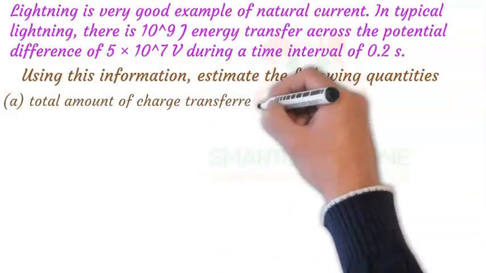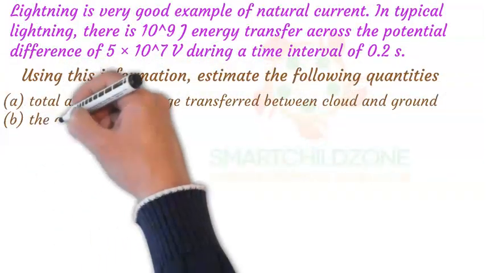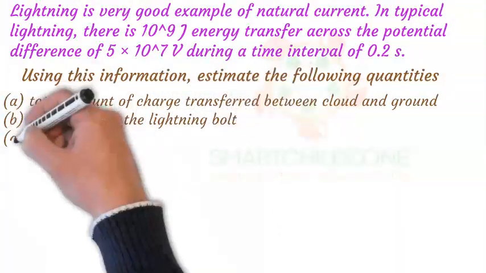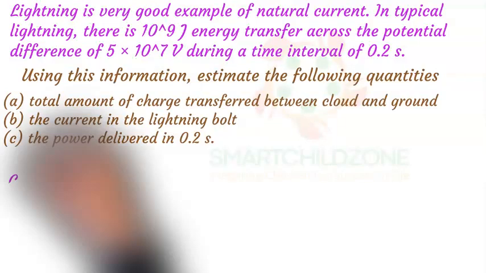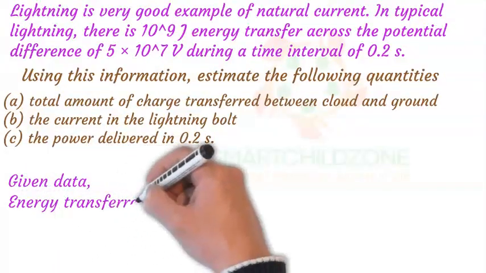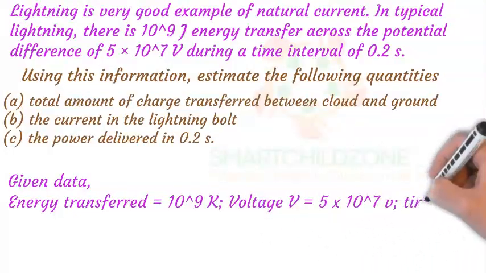A. Total amount of charge transferred between cloud and ground. B. The current in the lightning bolt. C. The power delivered in 0.2 seconds. Here are the given data from the information.